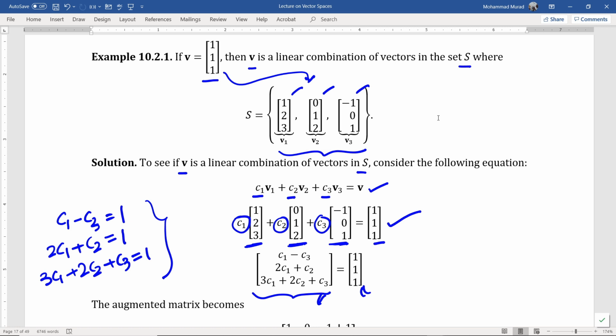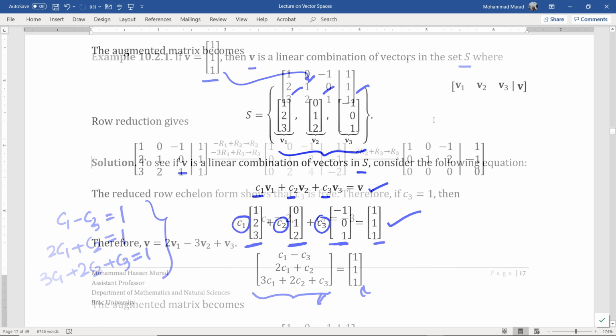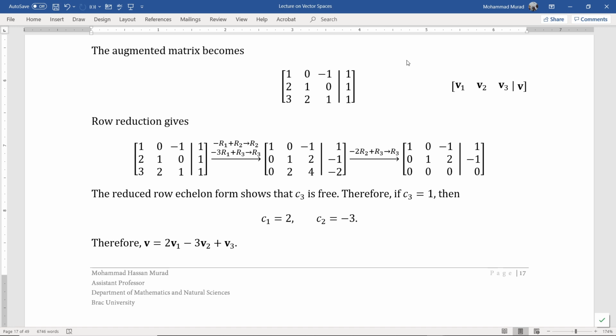Now we form an augmented matrix of this linear system, which simply becomes this matrix. Observe here, the first column of this augmented system is none other than the first vector v1. Similarly, the second column and the third column are the vectors v sub 2 and v sub 3.